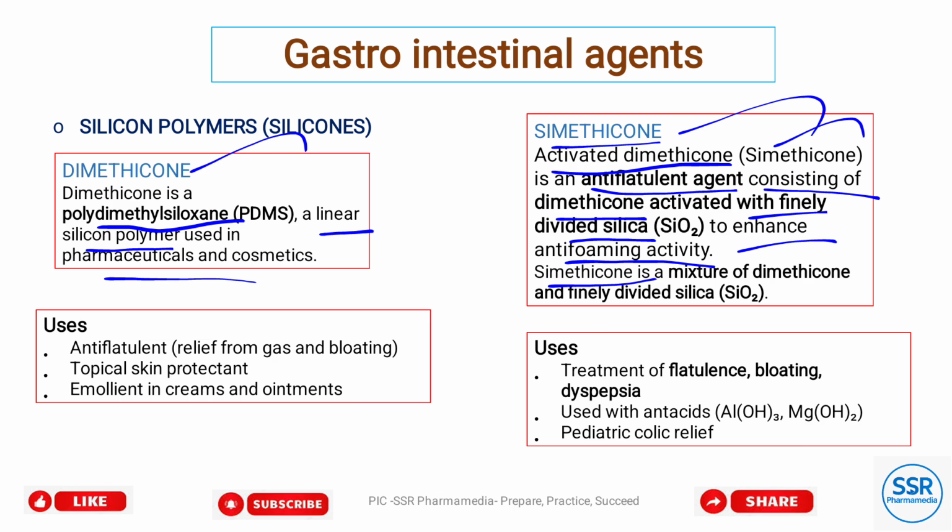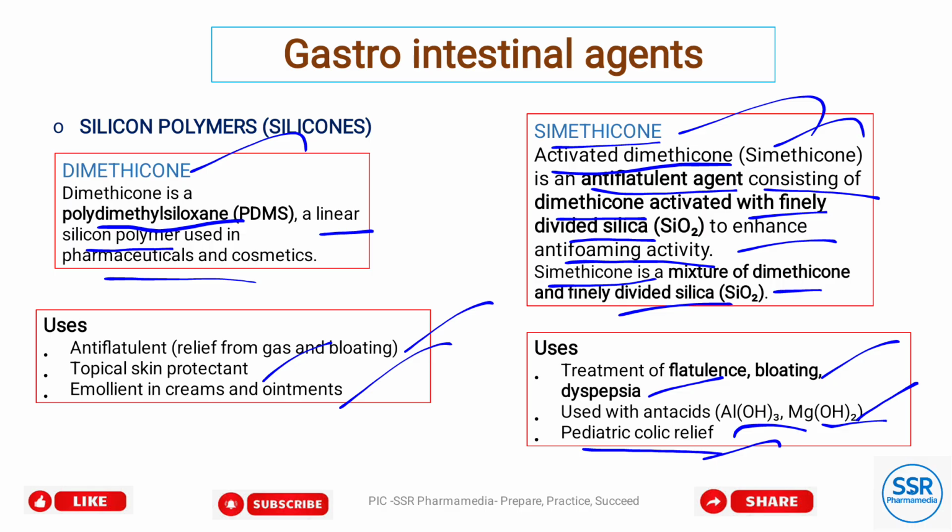Simethicone is used as an antiflatulent, topical skin protectant, and emollient in creams and ointments. It is used for flatulence, bloating and dyspepsia, along with antacids like aluminum hydroxide and magnesium hydroxide, and mainly for pediatric colic pain relief.